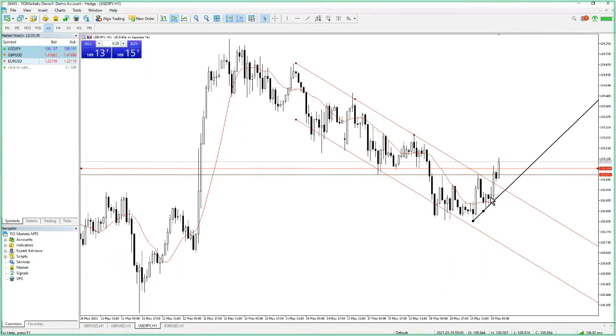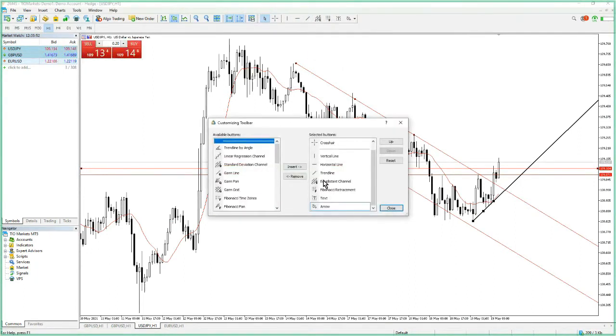Because if the market has already moved higher, it can still keep on moving, but it can do this also. Let me see, this platform doesn't have an arrow yet, there is the arrow. So insert and close.